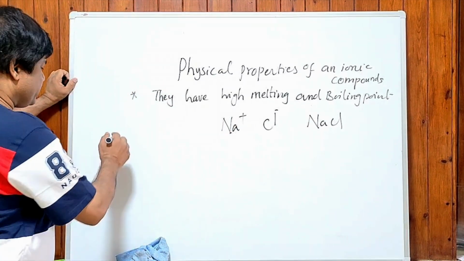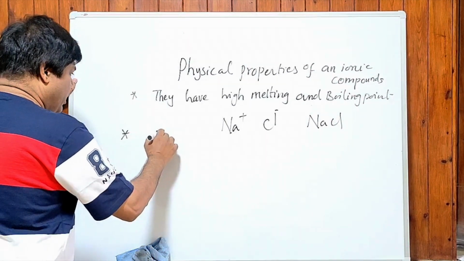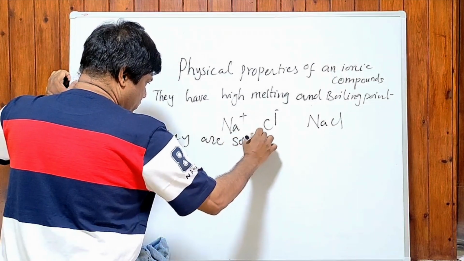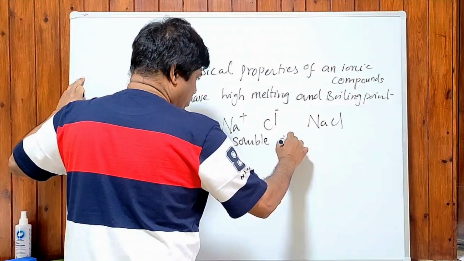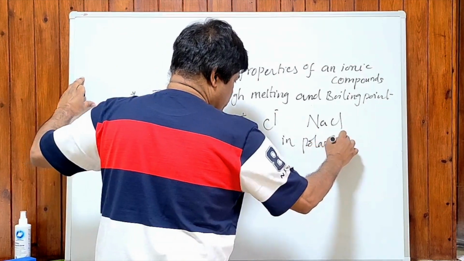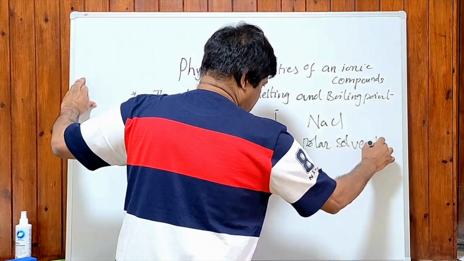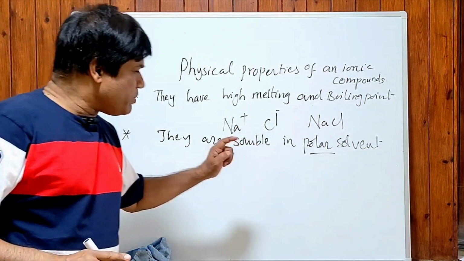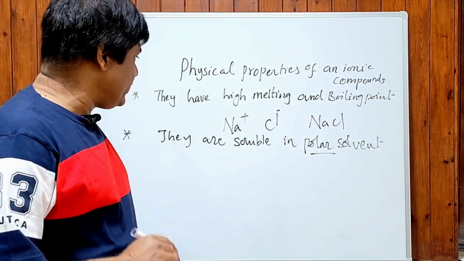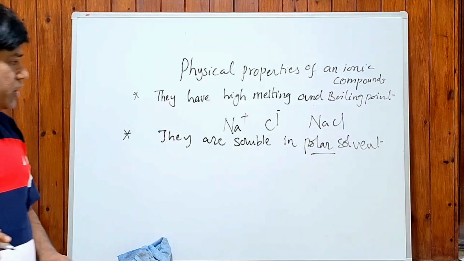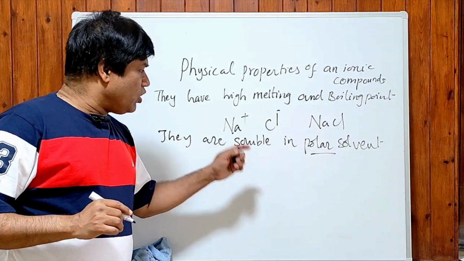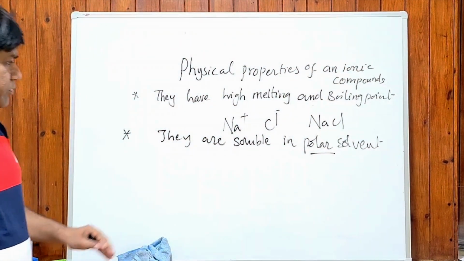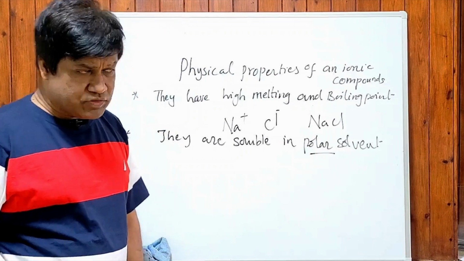Now, next thing, they are soluble in polar solvents. Underline the word polar. I will teach you what is meant by polar, polarity, non-polar and polar solvent when I discuss covalent bonding. A polar covalent compound, the best example is water.